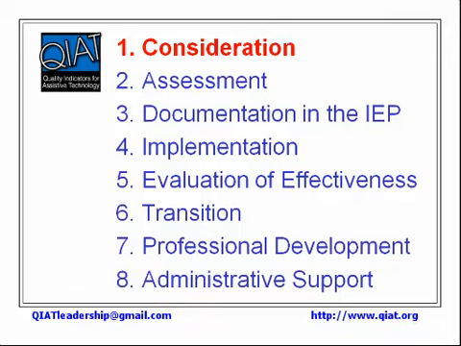The first 6 areas: consideration of the need for assistive technology, assessment for the need of assistive technology, documenting that assistive technology in the IEP, then implementation, evaluating how it's working, and transition are all services that you provide directly to students. The last 2 areas are professional development and administrative support, and they're a way of supporting those first 6 areas. So today we're going to focus on consideration.